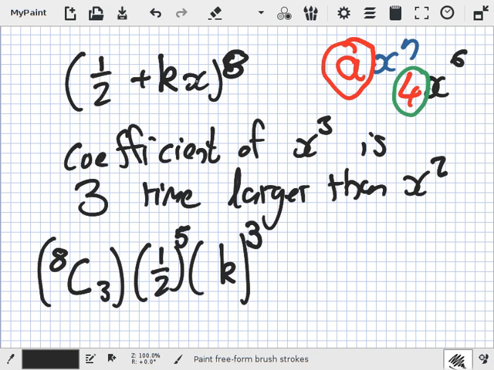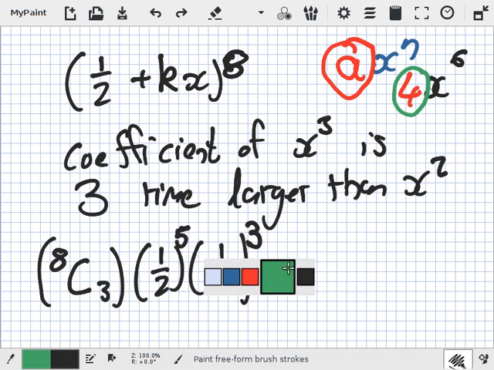Because you want x cubed. Because the k and the x are together, you should make them together. k x cubed. Yeah, that's it.